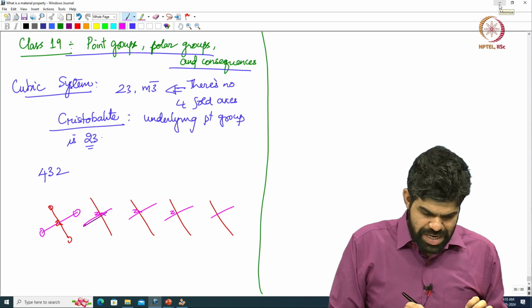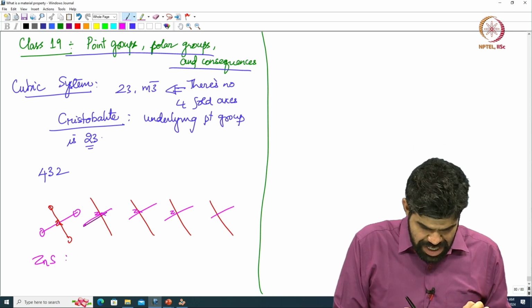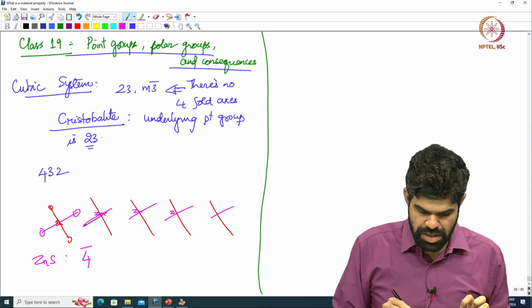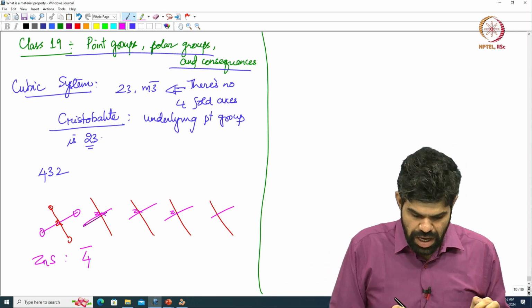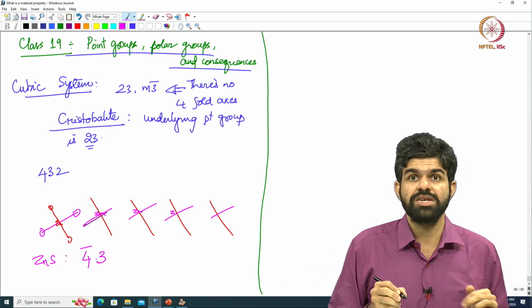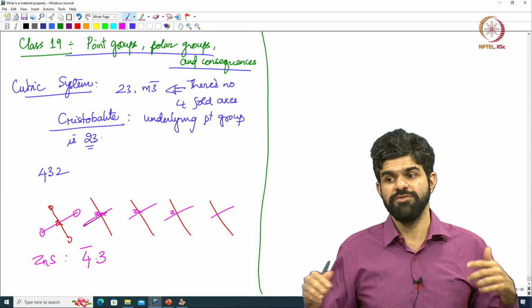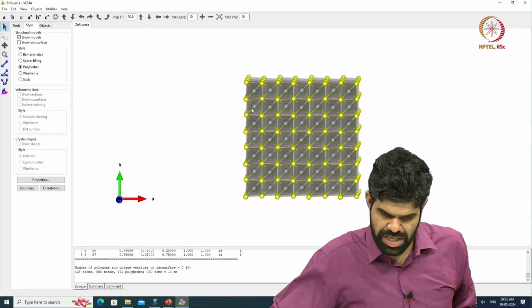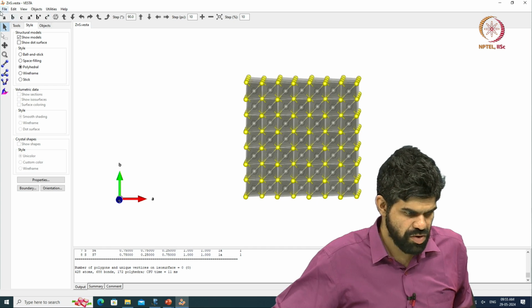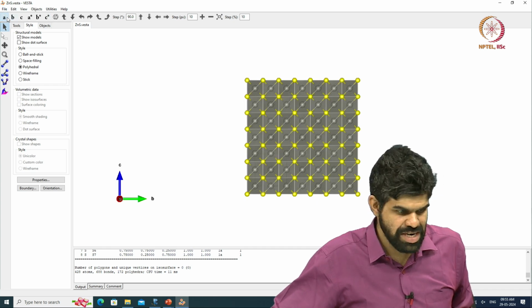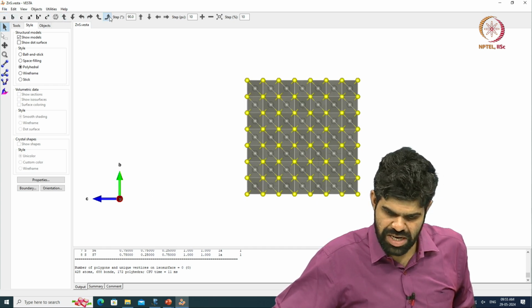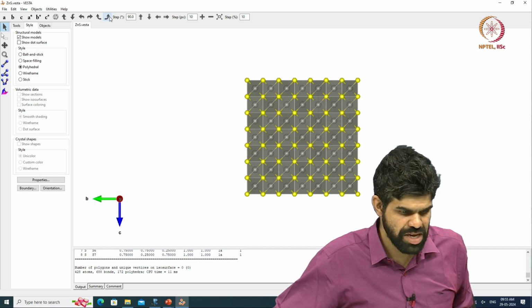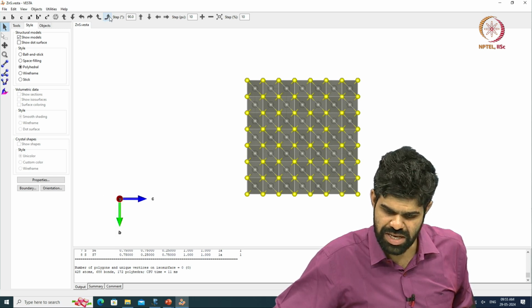So what you get here in zinc sulfide is that 4 bar is not lost, and of course it is a cubic system. If I watch it along the a axis and then rotate it 90 degrees, nothing really changes. Rotate it again, by 180 degrees, nothing really changes, and so on.